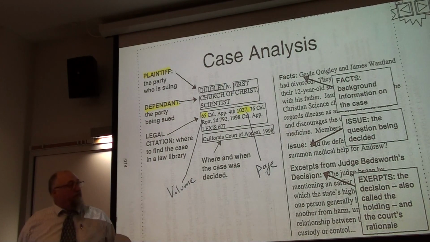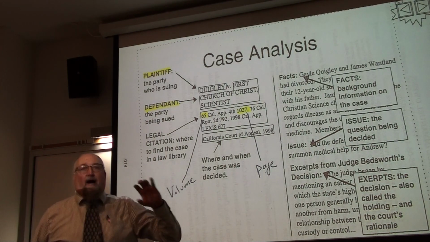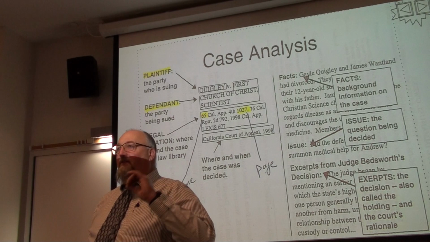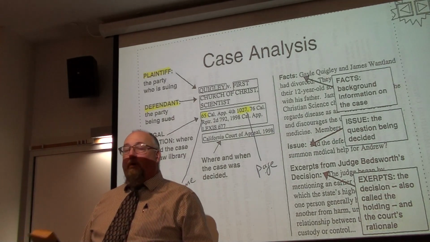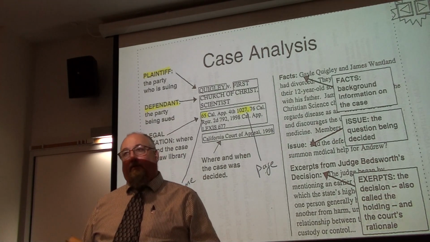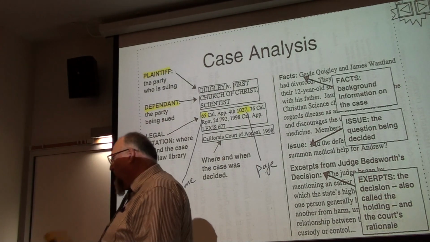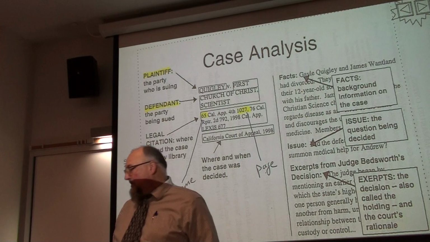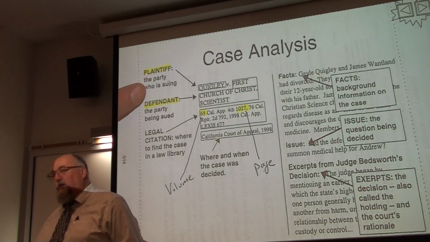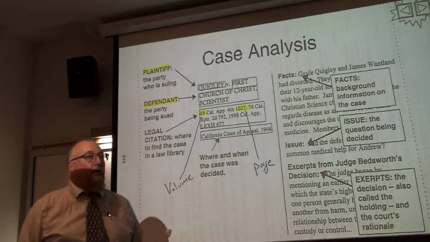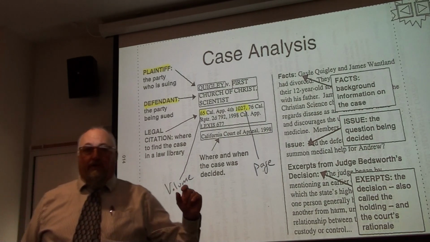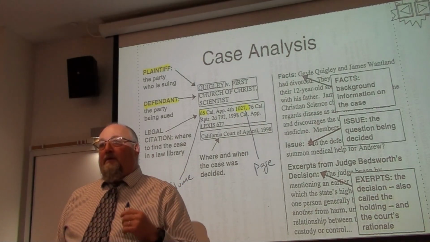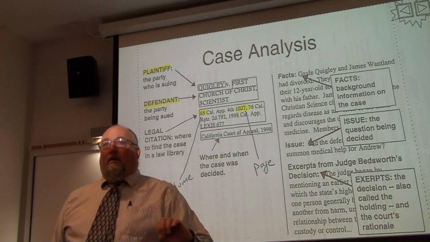All right. So this is a highly abbreviated version of how a court case gets published. Highly abbreviated. And I want you to understand and know some of the components of how this occurs. So first of all, let's look right here, plaintiff and defendant. I want you to know those two terms, plaintiff, defendant, all right?